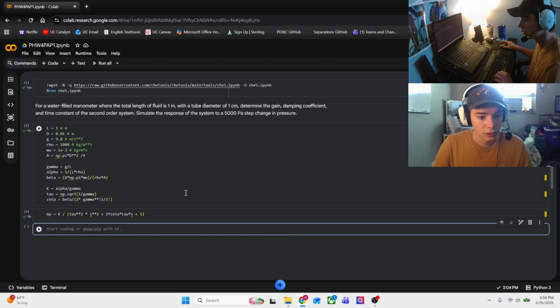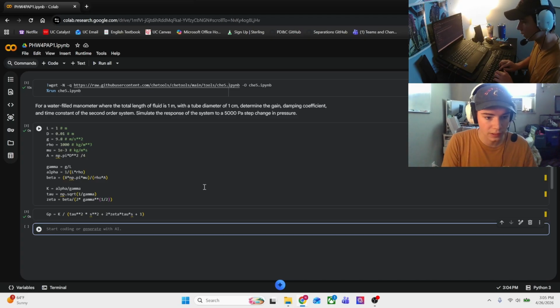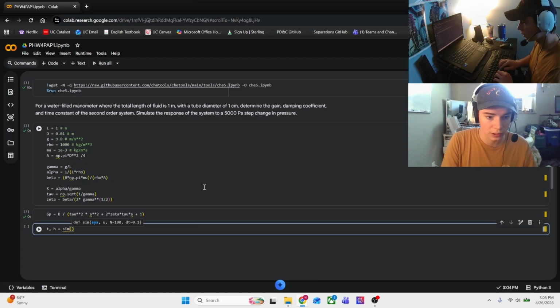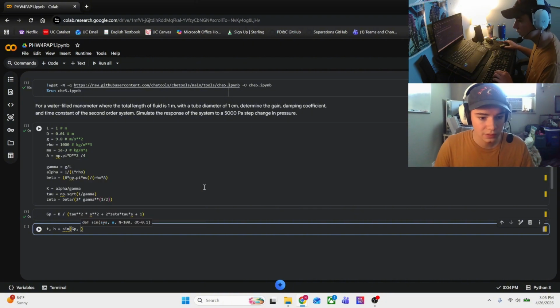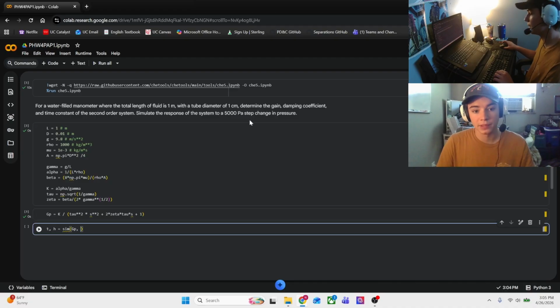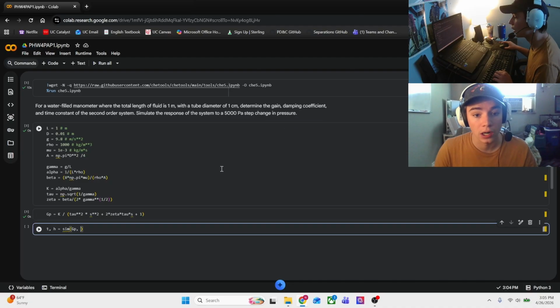So now we are good to go ahead and simulate this out. So we can say that our T and our H is going to equal our simulation of our GP. And then we discussed in the initial problem statement how we're going to have a 5,000 Pascal step change in our pressure.